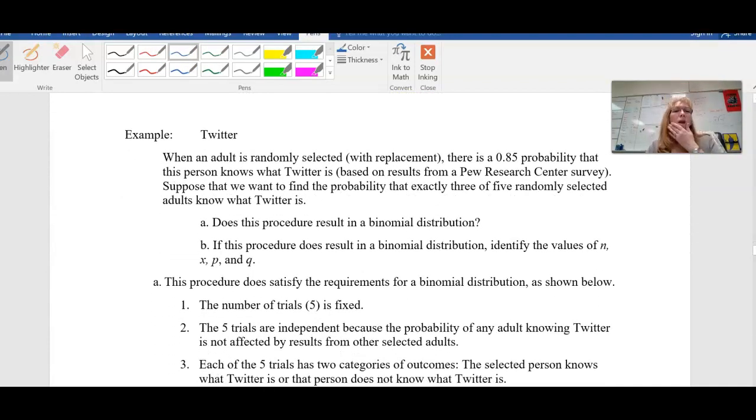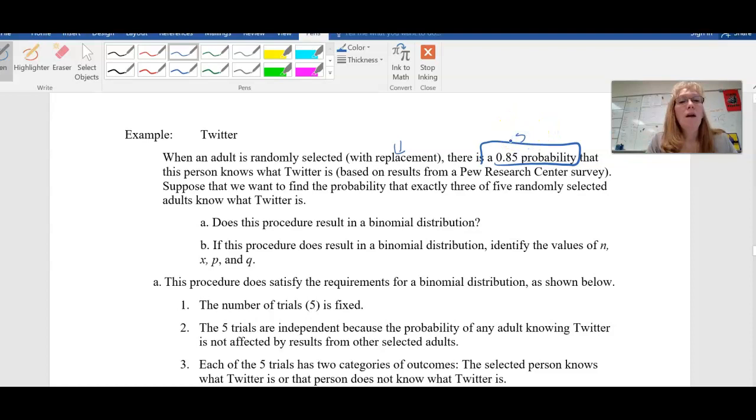All right, Twitter. An adult is randomly selected with replacement. So with replacement means they are independent, which has to be done, otherwise it doesn't meet our requirements. There's an 85% probability that the person knows what Twitter is. So this is going to be our probability of success.